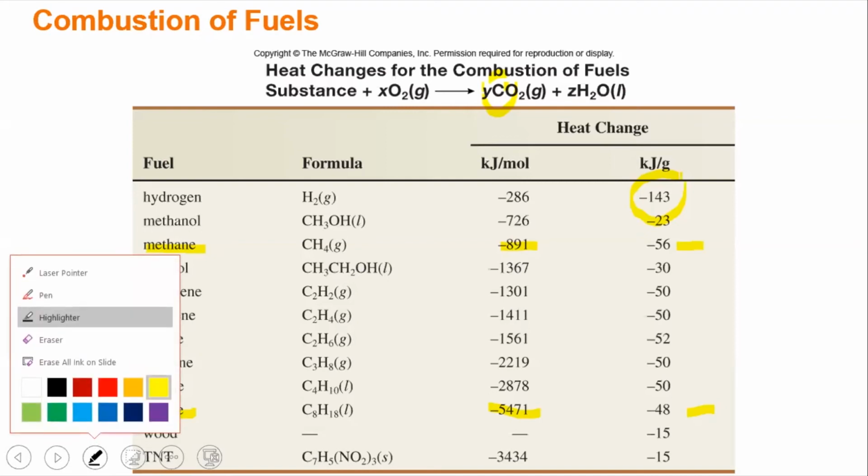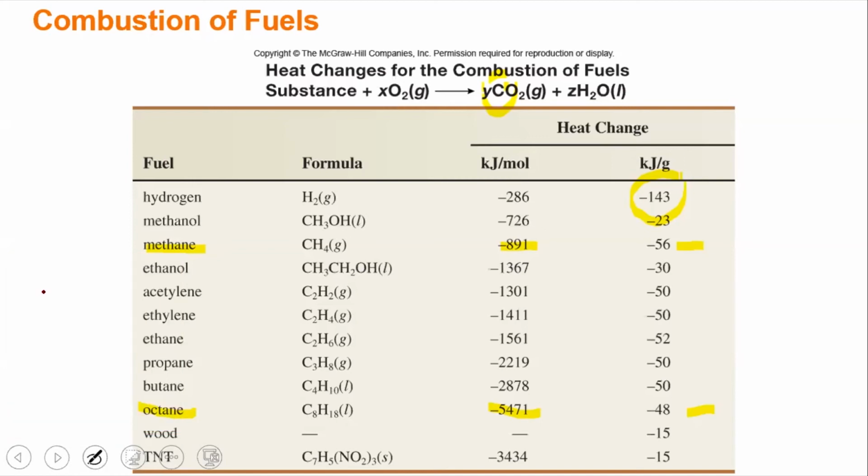I'm going to try to write using this pen here. Let's look at that equation at the top for hydrogen. All right, so I'm going to write hydrogen plus oxygen, and let's see what the product is going to be. Notice there's no carbon, so that means the only product you get is H2O.